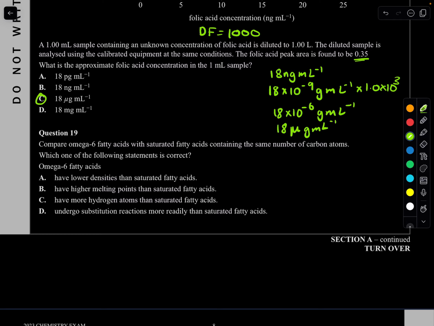Let's think about it. The difference is that omega-6 fatty acids have double bonds, whereas the saturated has just single bonds overall. Remember, in fatty acids, double bonds create kinks, and kinks don't allow the molecules to pack together or compress, meaning the intermolecular forces are very weak.